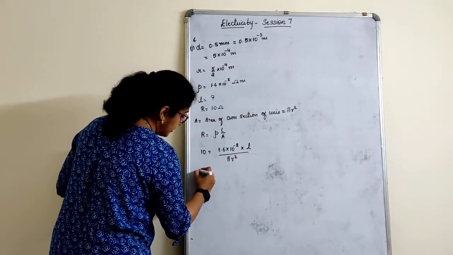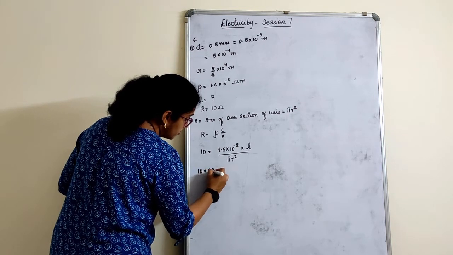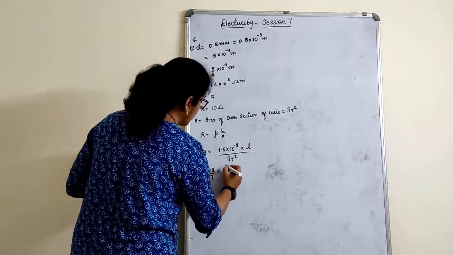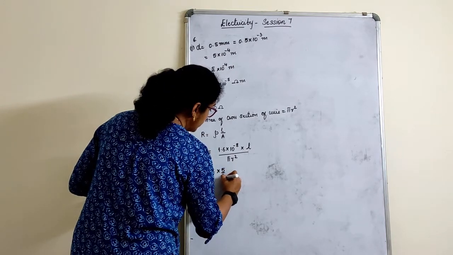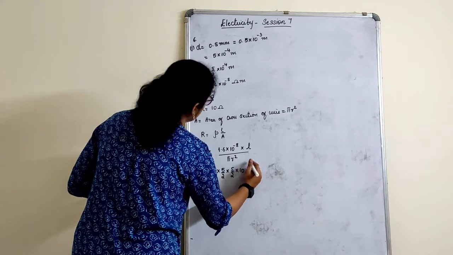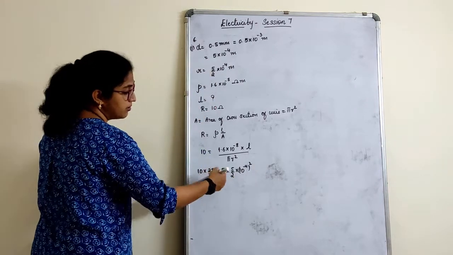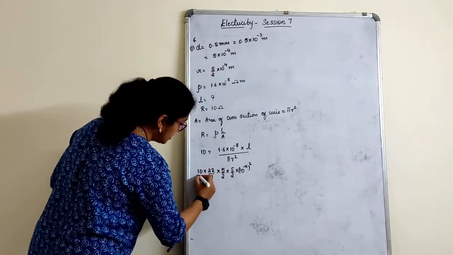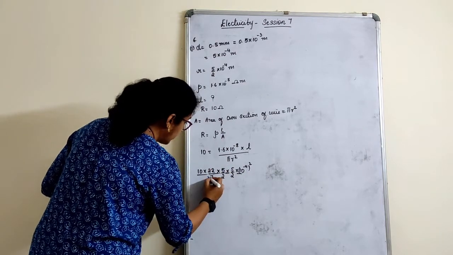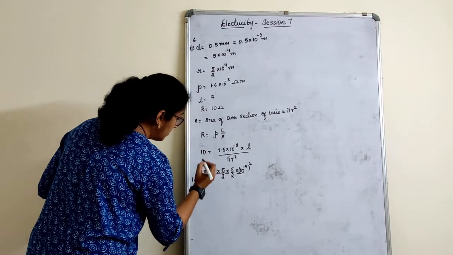Transpose everything to this side. 10 into 22 by 7 into r square. What is r? 5 by 2 into 10 raised to minus 4, whole square, right? Then divided by 1.6 into 10 raised to minus 8.